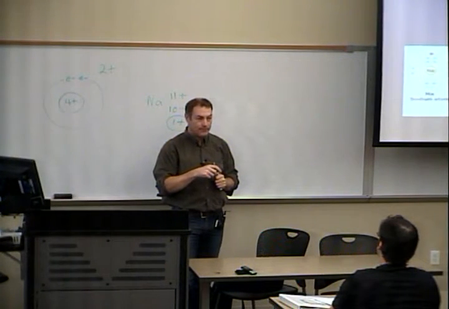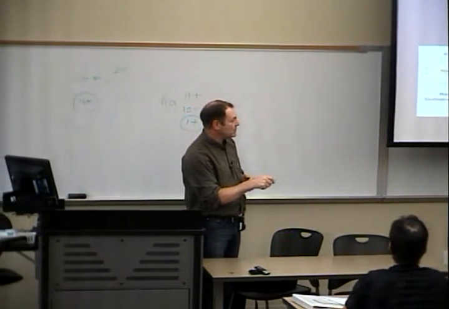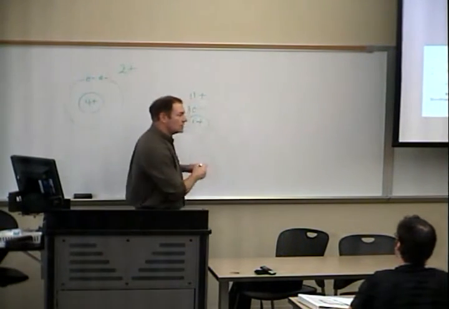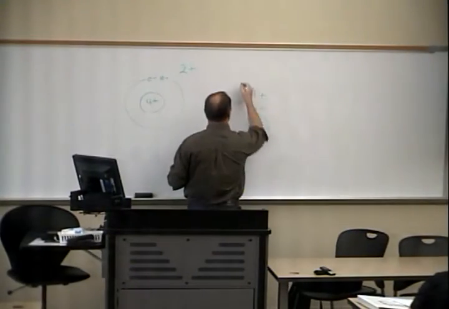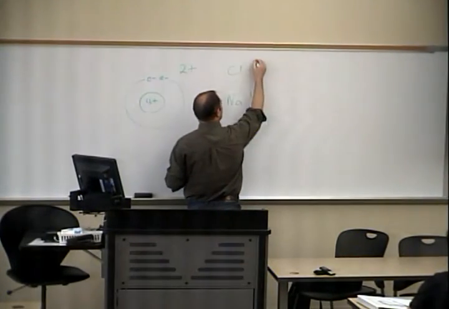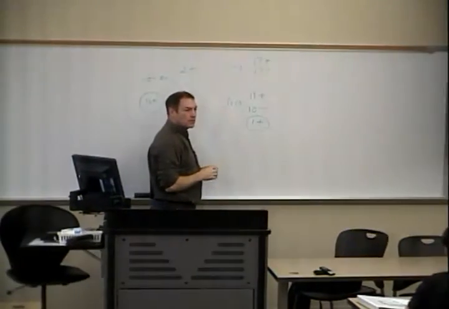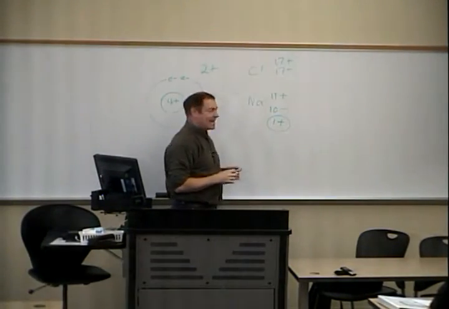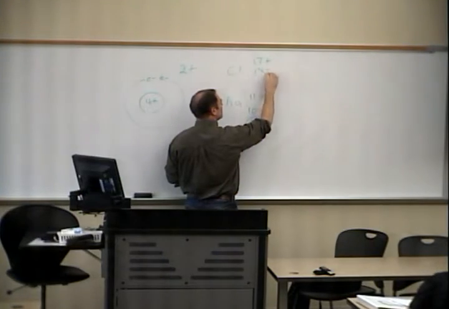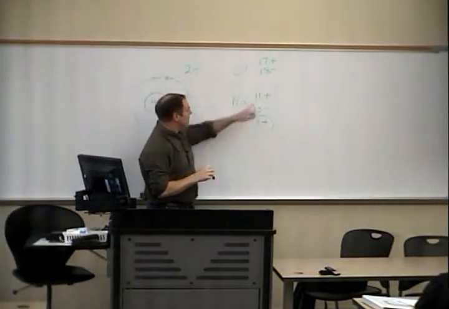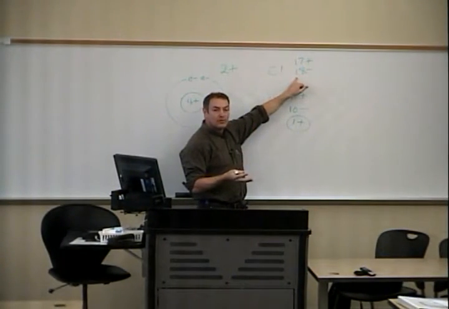Chlorine, when it receives that electron, has an atomic number of 17. So that means it's got 17 protons, 17 electrons. When it gains an electron, it's got 18. And now we've got one more electron than protons. So chlorine then has a 1 negative charge.